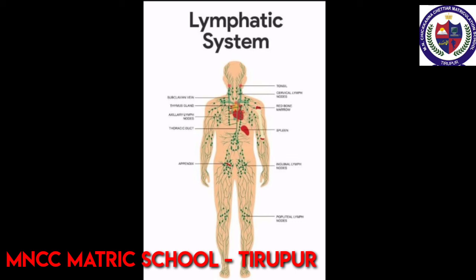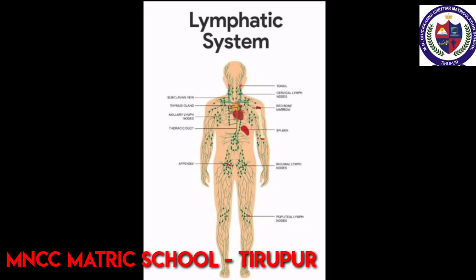Lymph is a colorless fluid formed when plasma, proteins, and blood cells escape into intercellular spaces in the tissues through the pores present in the walls of capillaries. It is similar to blood plasma, but it is colorless and contains less protein. The lymph contains a very small amount of nutrients, oxygen, carbon dioxide, water, and WBC.